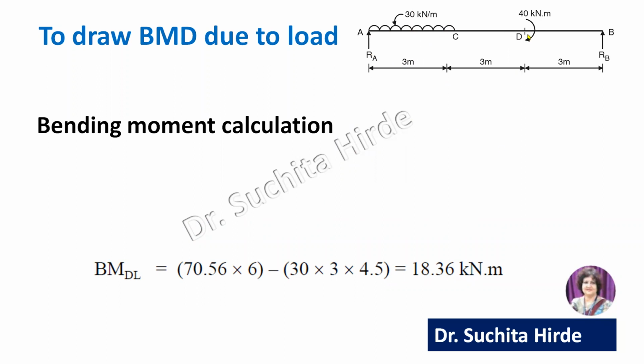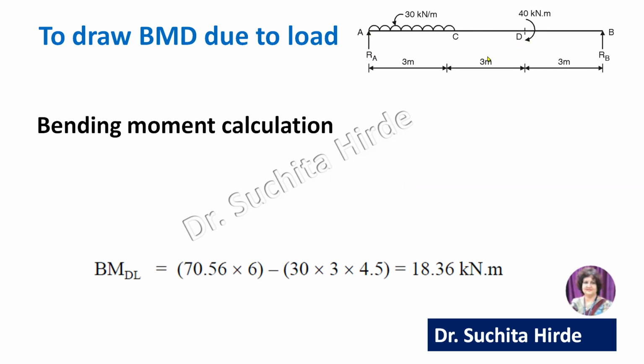After that, to calculate bending moment to the right of D, the same value will be there. The only thing is you have to add this 40 kilonewton meter. Now whether this 40 kilonewton meter is positive or negative, for that you have to see whether its effect is just like a vertical upward load or downward load.